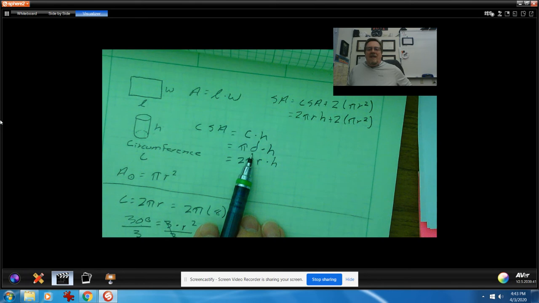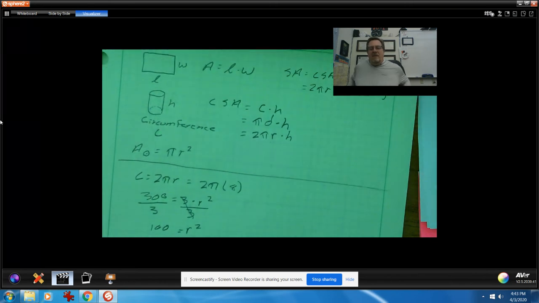Knowing that d is two radius lengths, we can also write that as 2 pi r h, because 2 times r is d. So 2 pi r h is the circumference times the height. And we call that the curved surface area.